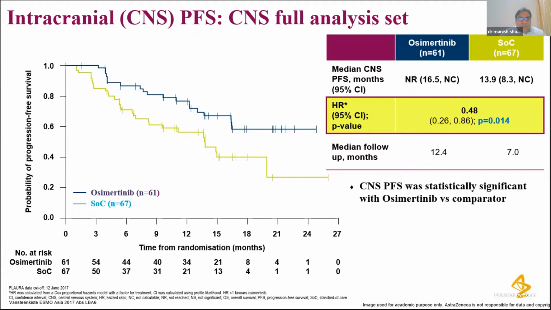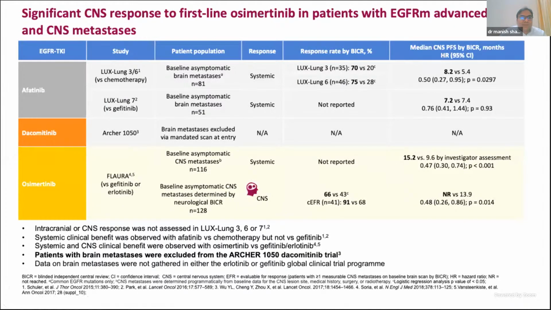So CNS PFS was also statistically significant with osimertinib versus comparator. This trial included almost 16% of the patients who had CNS metastasis, and the number of patients was around 60.